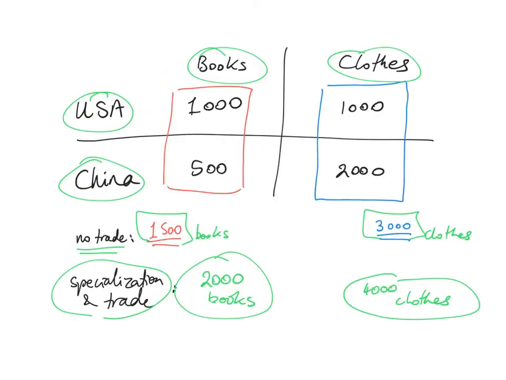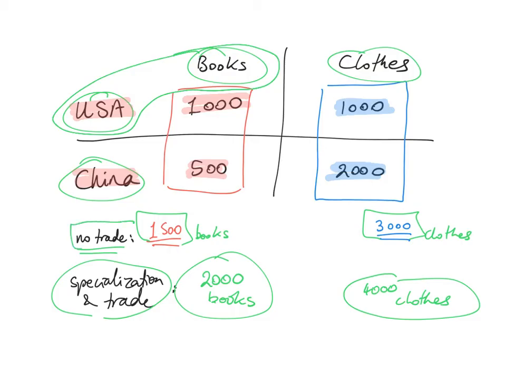So here's another example where we're looking at the United States and China. The United States can produce 1,000 books, while China can only produce 500 books. The United States can produce 1,000 units of clothing, while China can produce 2,000 units. We can see that the United States has an absolute advantage in the production of books, and China has an absolute advantage in the production of clothes.